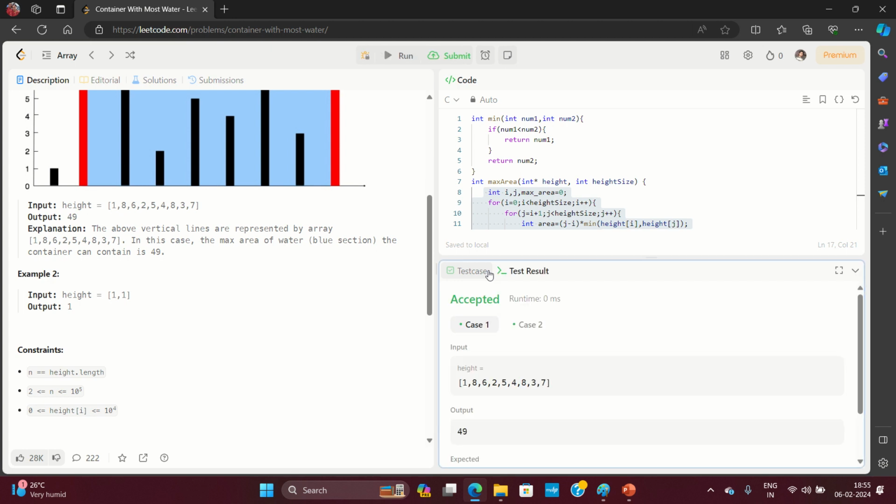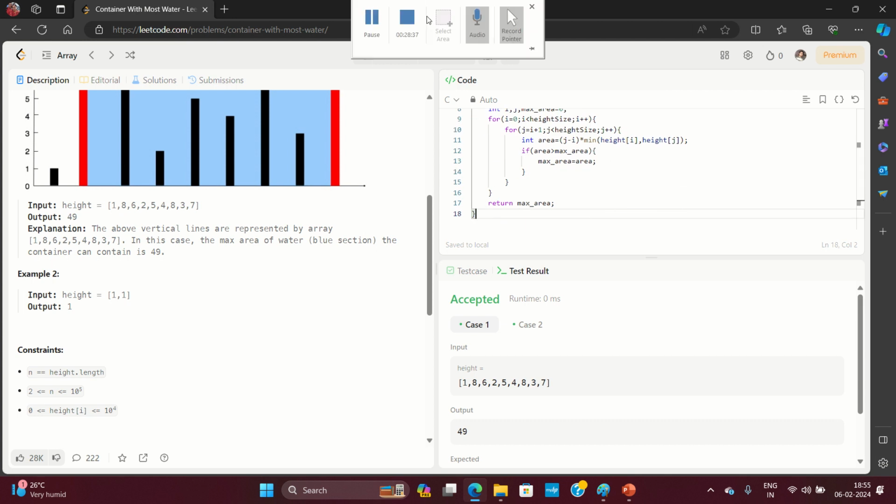But this solution, yes, is accepted in all the example test cases, but this is not an acceptable solution, right? That is why I am showing you.